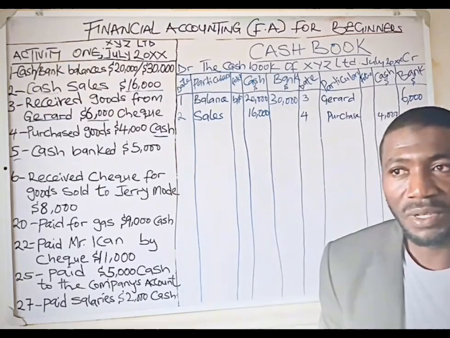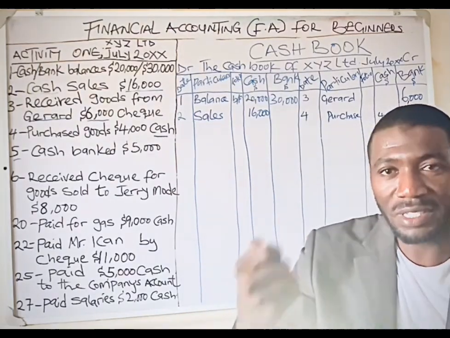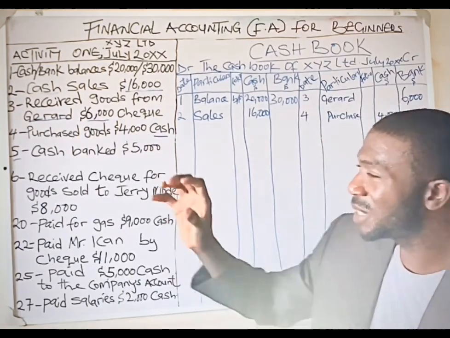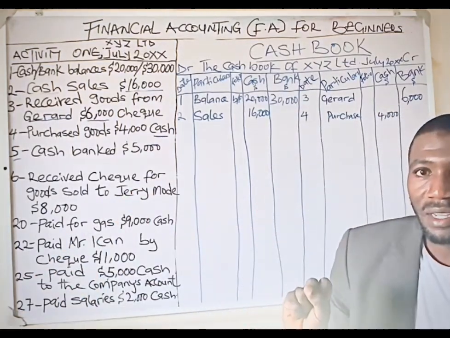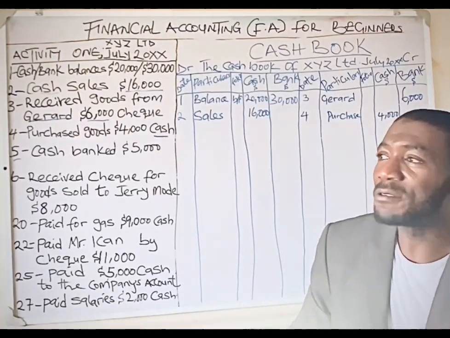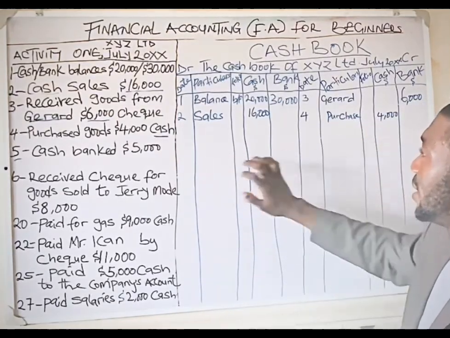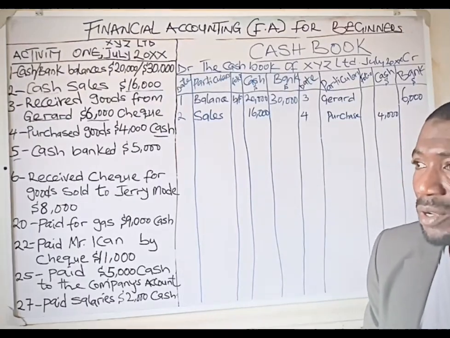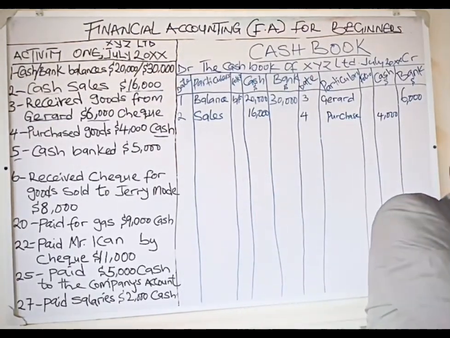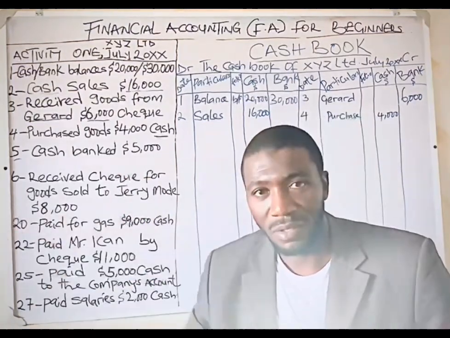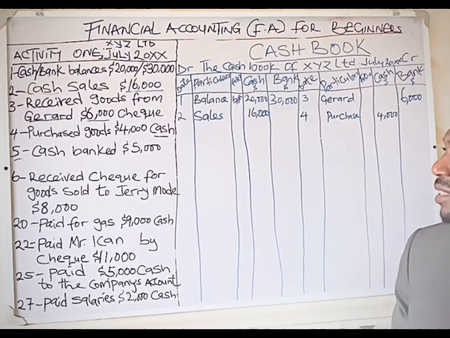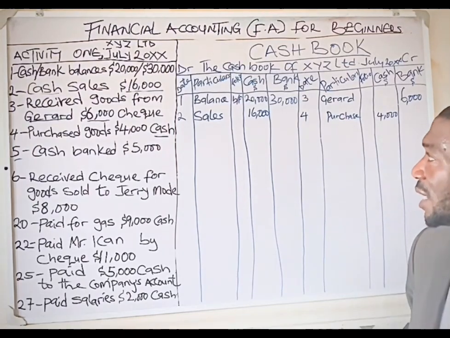Any transaction that is not buying or selling, where you remove your cash and put it in the bank, is called contra entry, and it will affect both sides of the account, because you have taken out your cash and put it in the bank. It will show that the cash has gone and the bank has received the cash. So that is simple as that, and it's called contra entry.